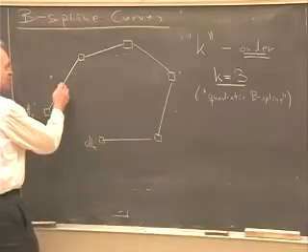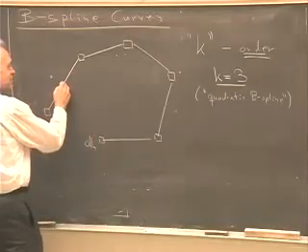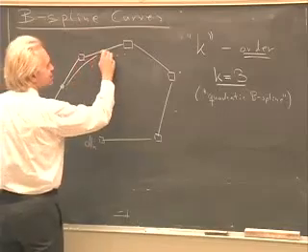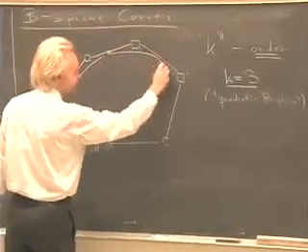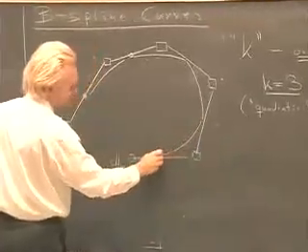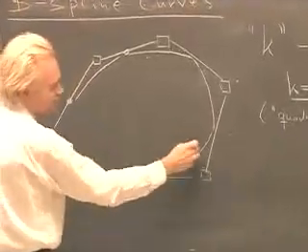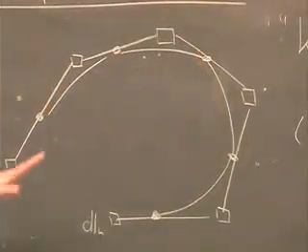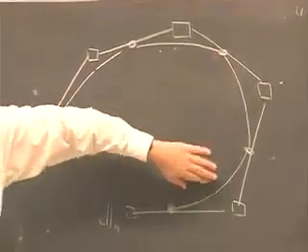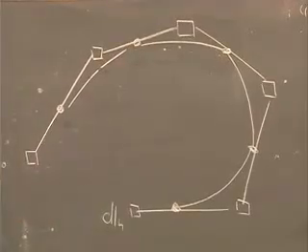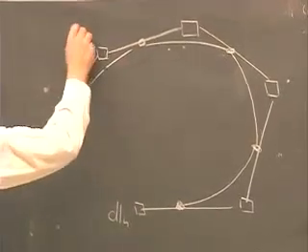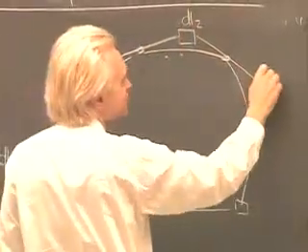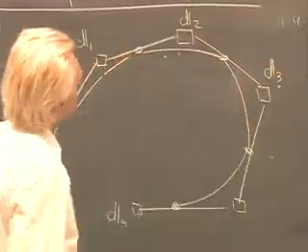Well, I can sketch them. And so here's a first segment, here's a second segment, and here's a third one, and here's the last one. So all of these are parabolic arcs. This is d0, d1, this is d2, this is d3, and so forth.